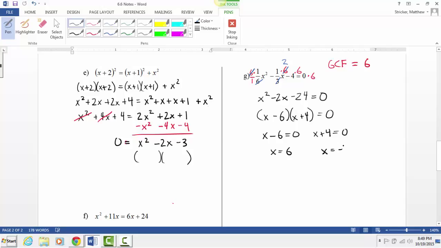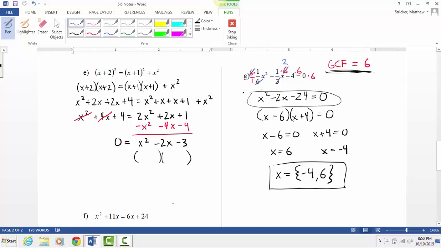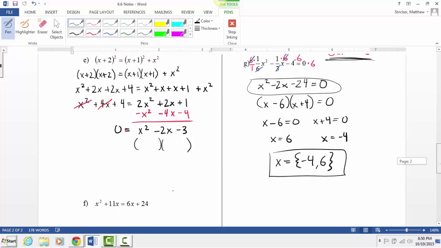This one gives me x equals negative 4. So there's your answer, negative 4 and 6. Definitely one that looked ugly there, but hey, when you multiply by the GCF, it really cleans things up into a nice equation that we know how to deal with.